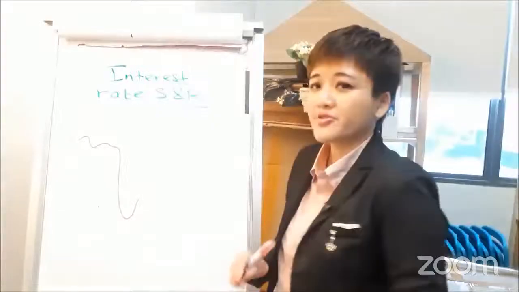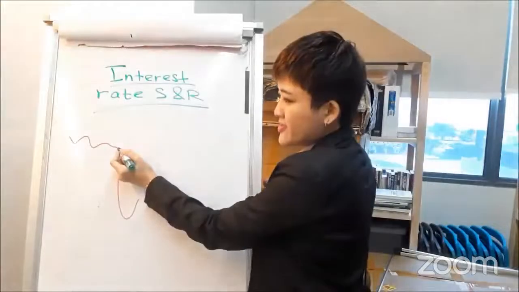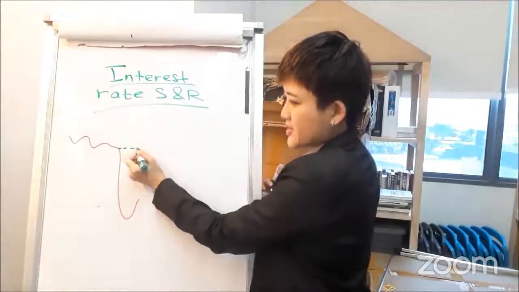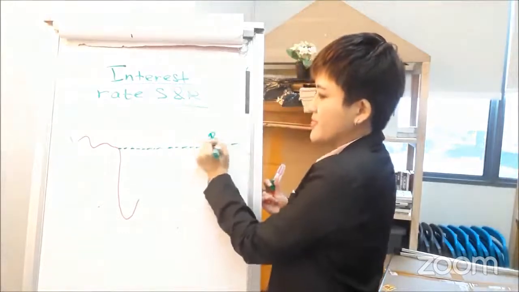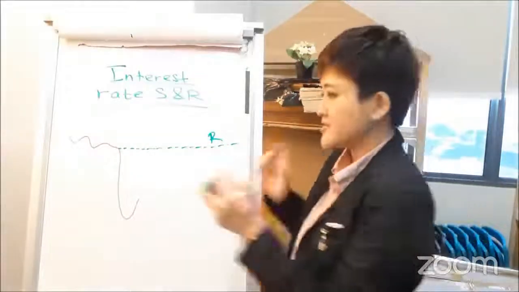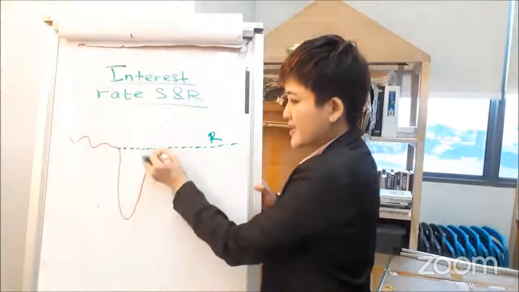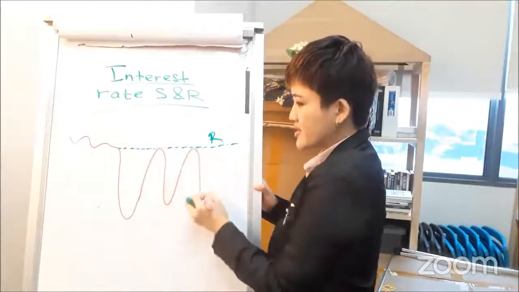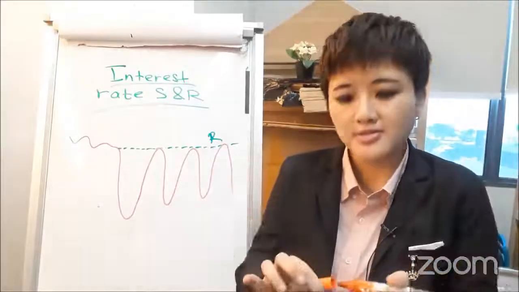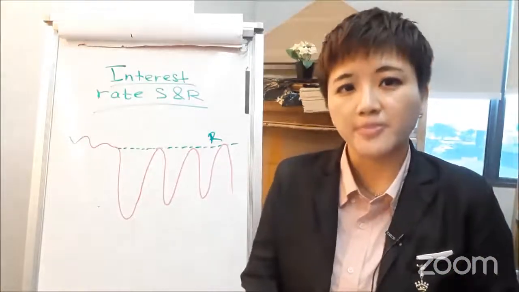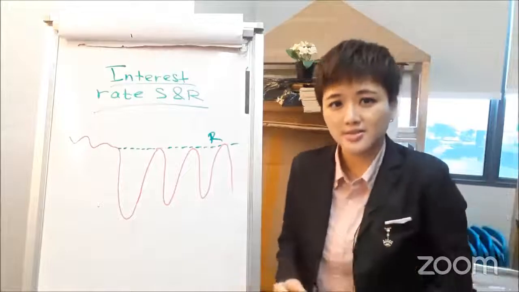What you might see is that from the moment the Fed decides to cut interest rates, an invisible resistance is going to be formed. And then price is going to come up and test this level again and again. Of course, because it is not that obvious, it is not that strong, but it still exists.